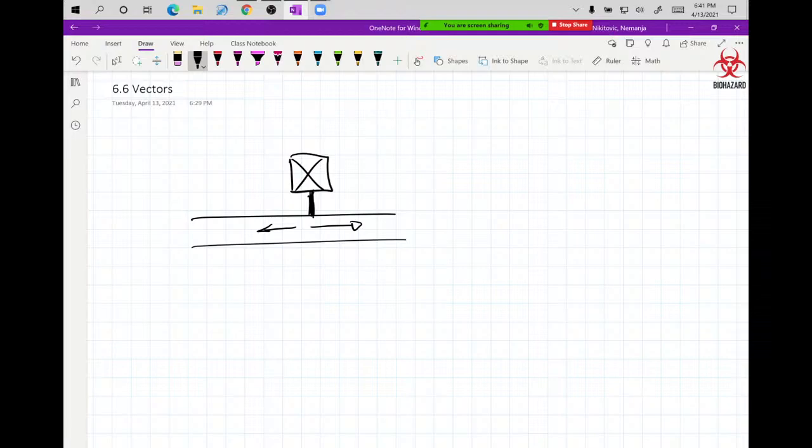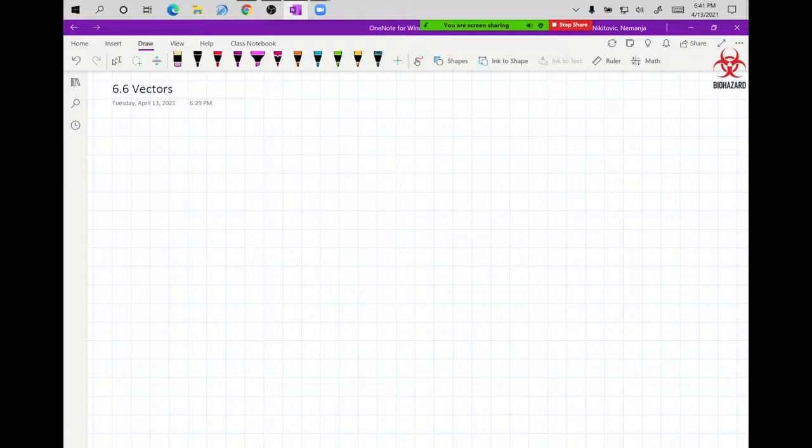And that would be something that, in mathematics and physics and other STEM courses, we would call a vector. Now, anytime direction and the number, which we are going to call magnitude, are both important, we are going to call that a vector.